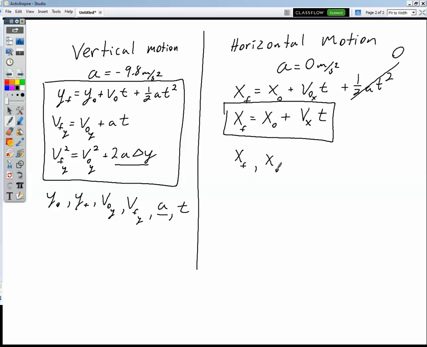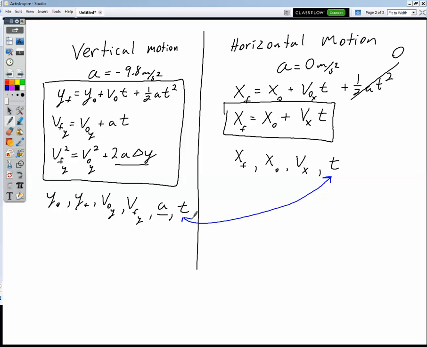X final, x naught, velocity in the x direction, and the time. Really important to remember that when I do a variable table that includes the whole motion of the projectile, those 2 times are the same. Okay, so the time that it goes horizontally is the same as the time as it goes up and comes down.